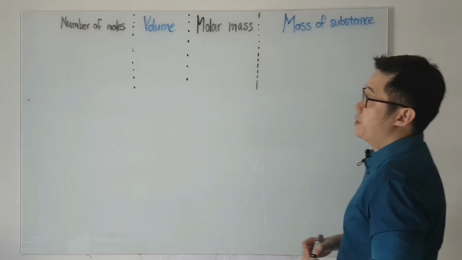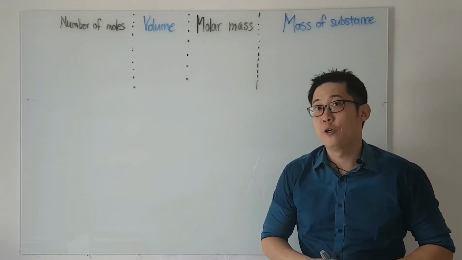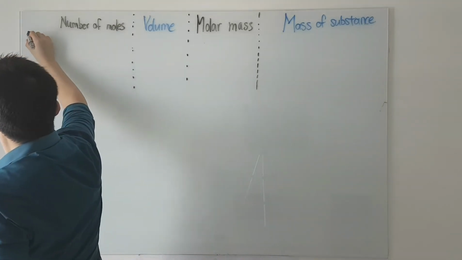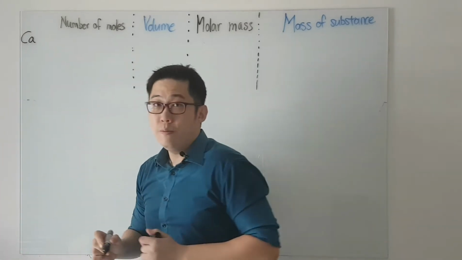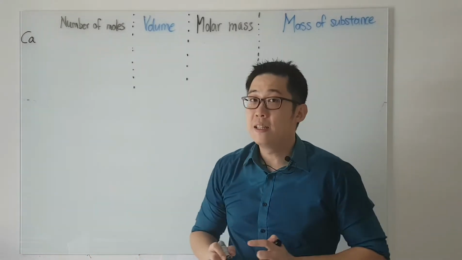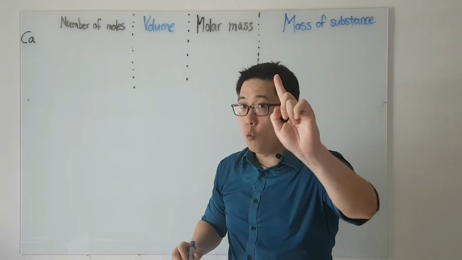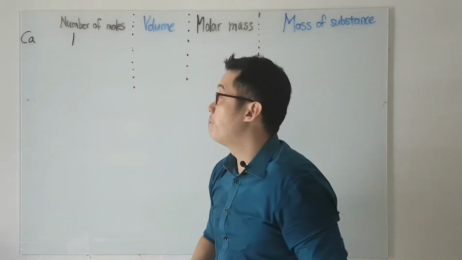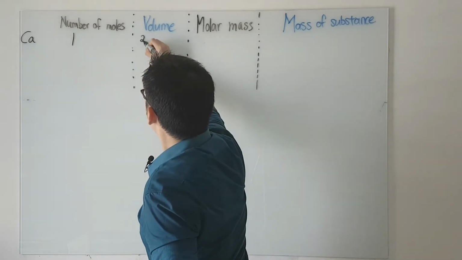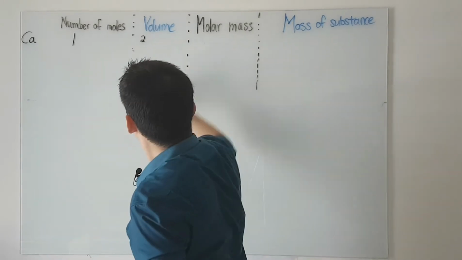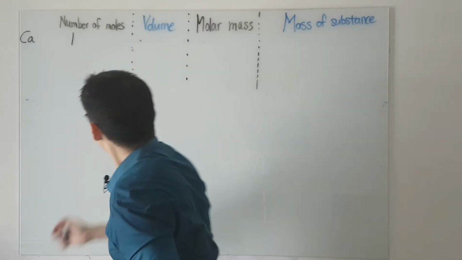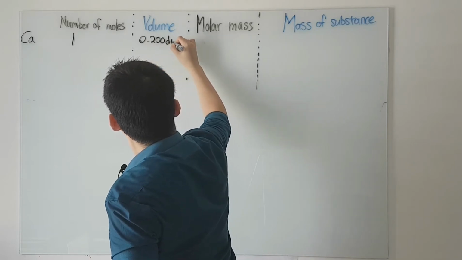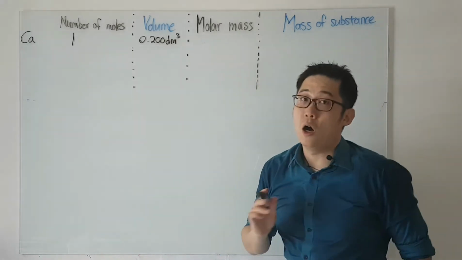Now students, let us consider calcium. In this case, the element I want to consider is calcium. Assuming I tell you that I have placed 1 mole of calcium in 0.20 dm cube of water.